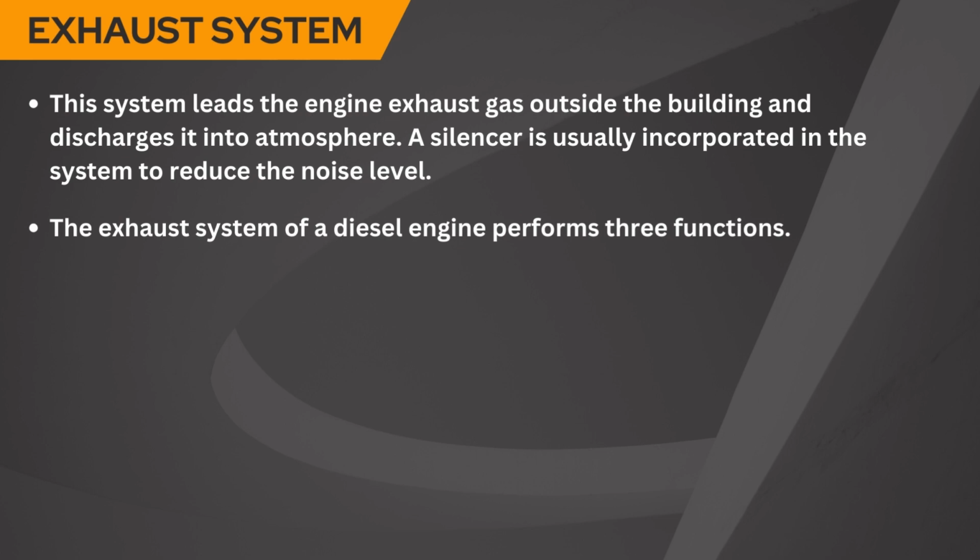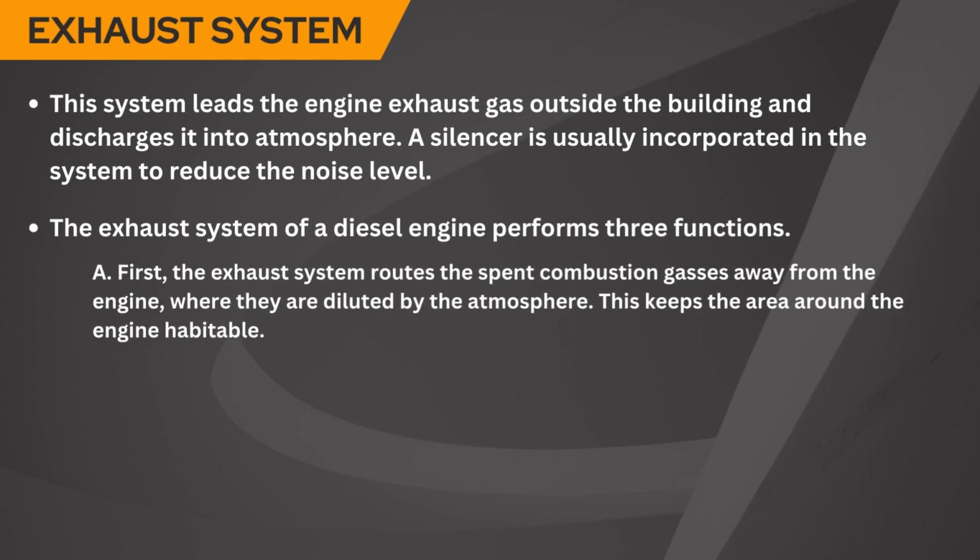So, generally in the exhaust system of a diesel engine, 3 functions are performed. First one is the exhaust system routes the spent combustion gases or flue gases away from the engine, where they are diluted by the atmosphere, and this keeps the area around the engine habitable. You could be there.